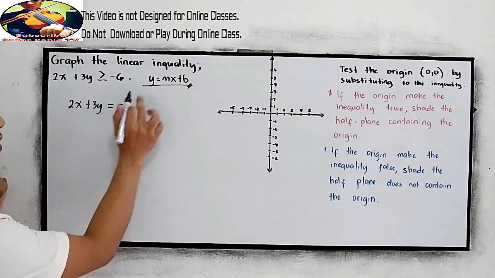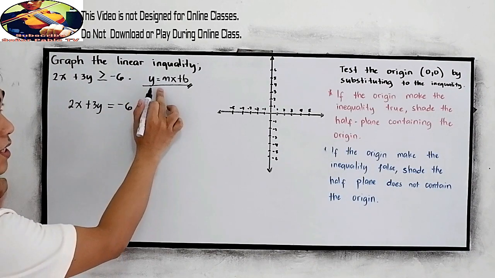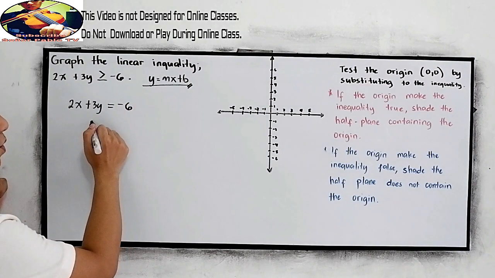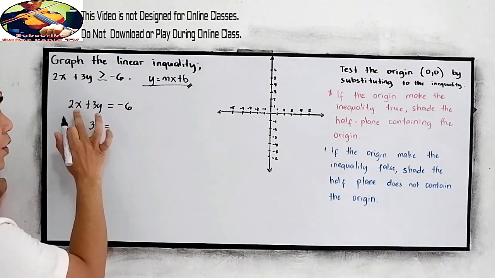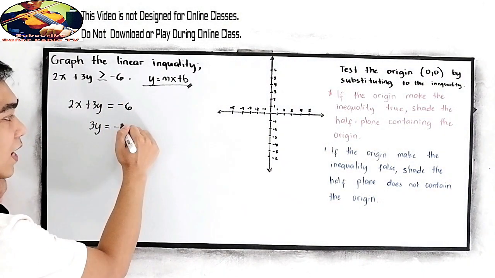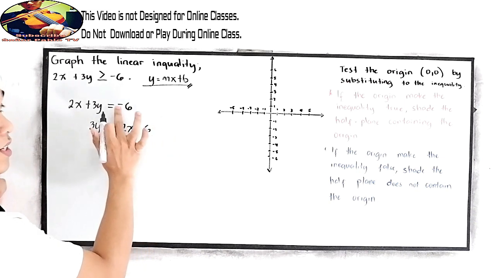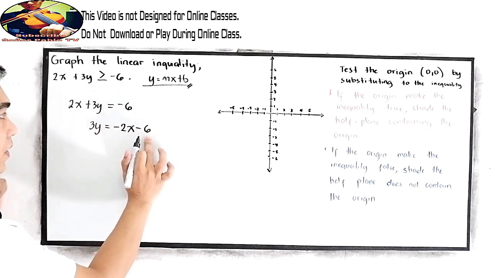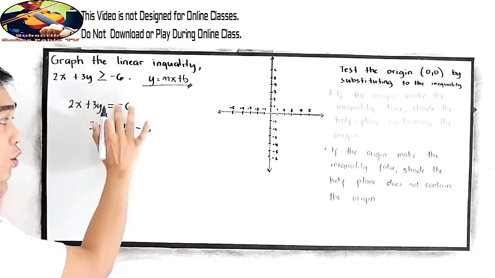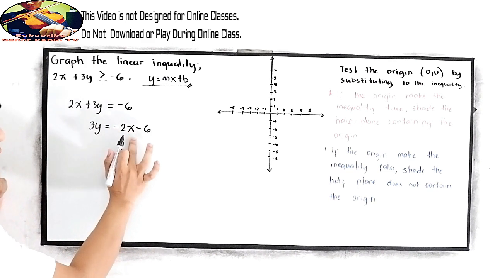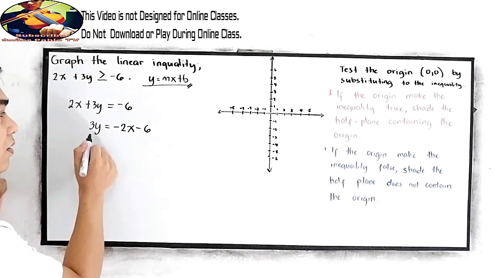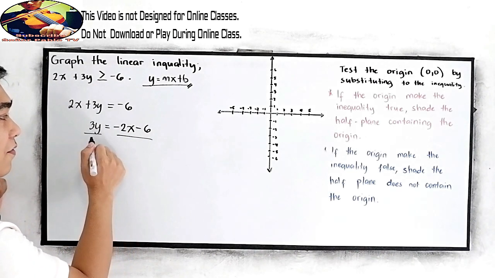Now, make it into y is equal to mx plus b. So 3y is equal to, move to the right, negative 2x minus 6. Just copy minus 6. So 2x, we're going to move to the right, that will become negative 2x. Now, let us divide by 3.